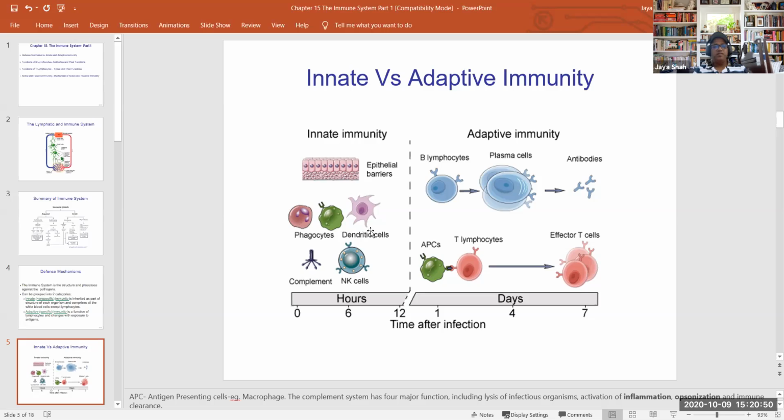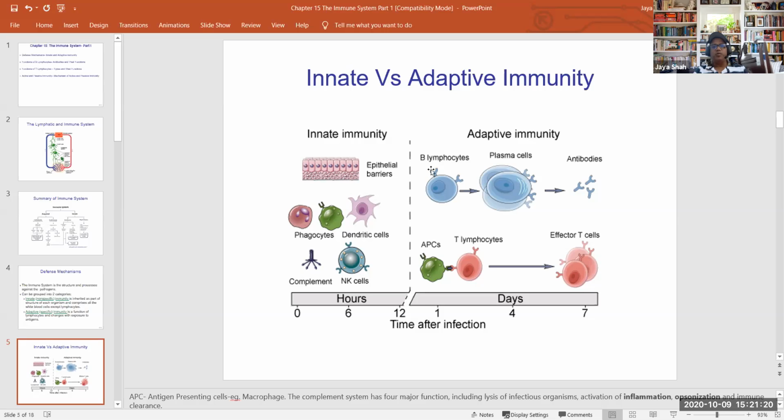When there is damage, these dendritic cells or phagocytes get the antigens, process them, then they activate the complement system, activate natural killer cells, and they attack the microorganism or cells infected with microorganism. And then these phagocytes and dendritic cells also present antigen to B and T cells, okay? So that becomes adaptive immunity.